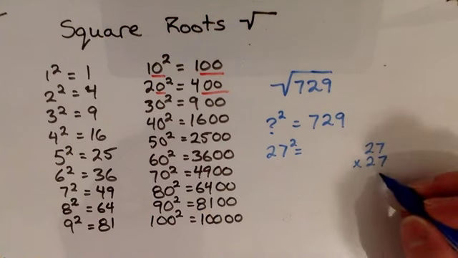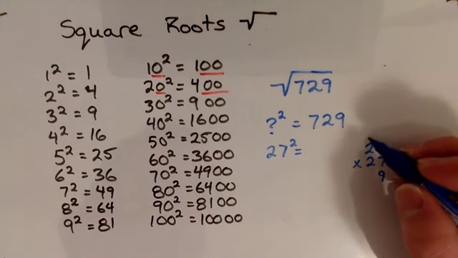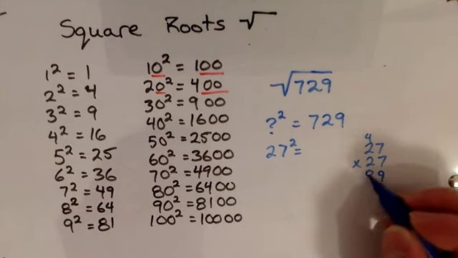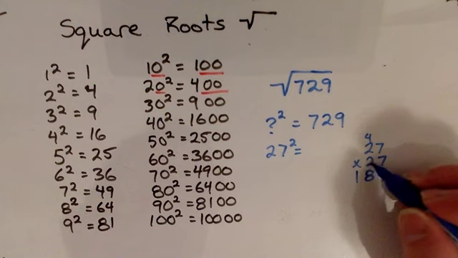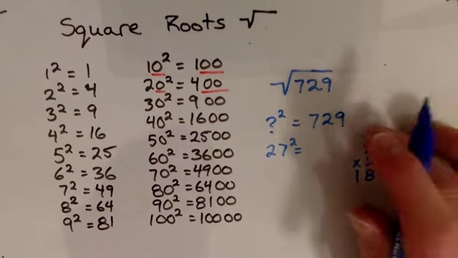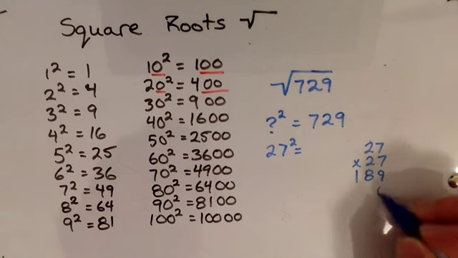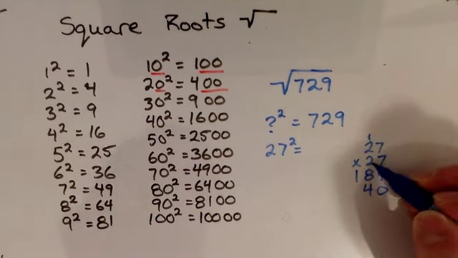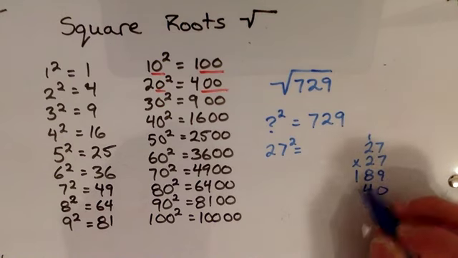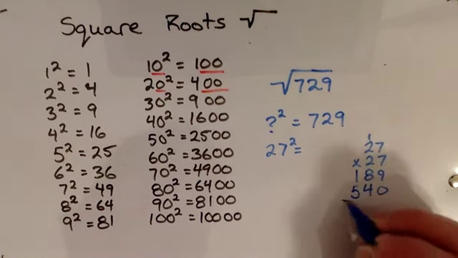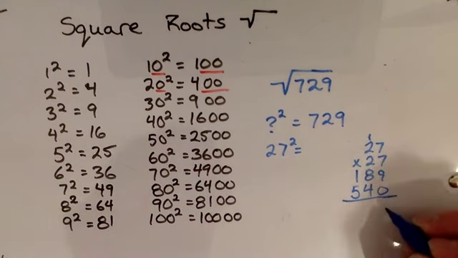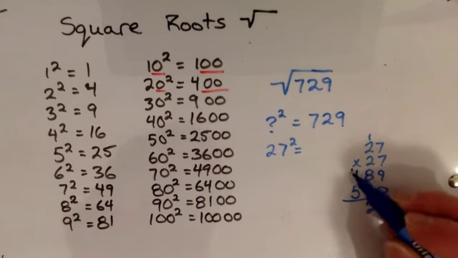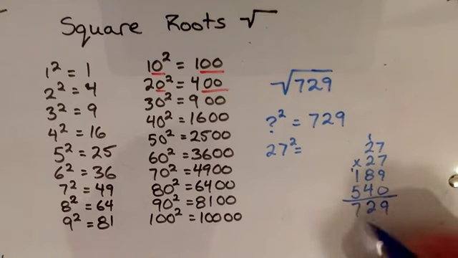So we've got 7 times 7 is 49. Carry the 4. 7 times 2 is 14, plus the 4 is 18. And over on this side, I'll erase the 4 there. We've got 2 times 7 is 14, so the 4, and then the 1 goes up here. 2 times 2 is 4, plus the 1 is 5. So we have 9 plus 12, carry the 1 up here, is 1 plus 1 plus 5, 729.